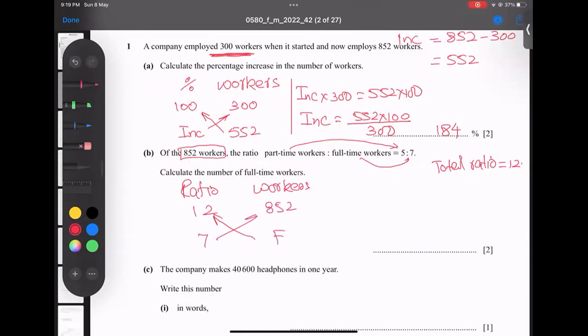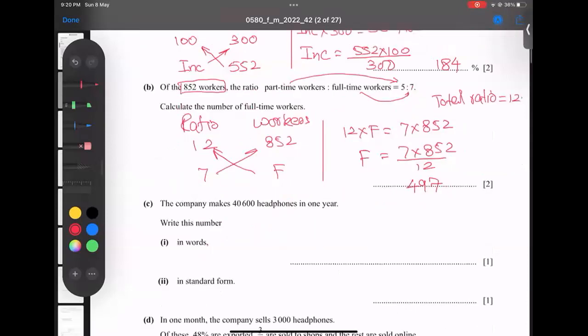So 12 times F and 7 times 852. And this 12 will divide: 7 times 852 divided by 12. And the answer, full-time workers, is coming 497. So this is done. Let's go for the next part.